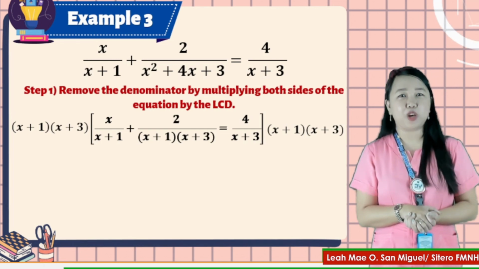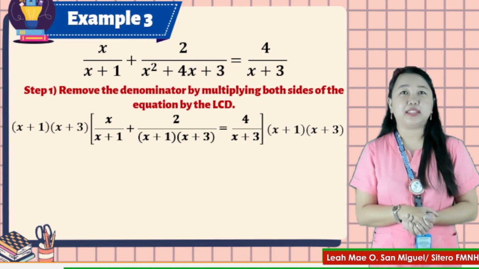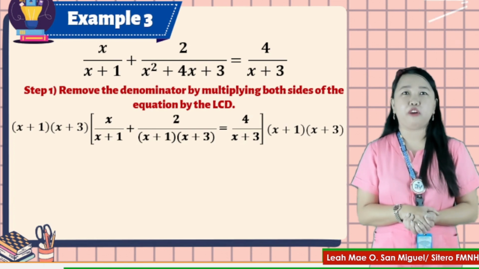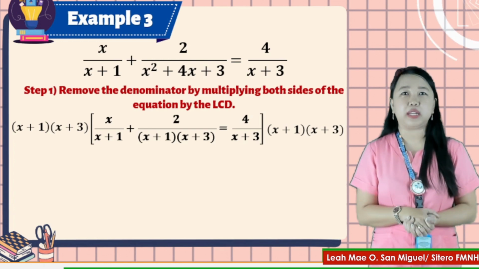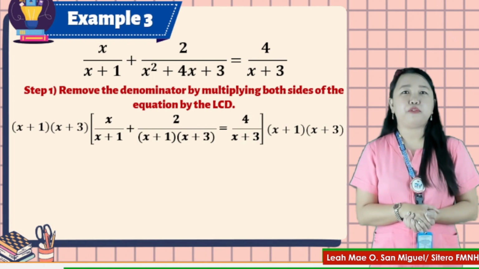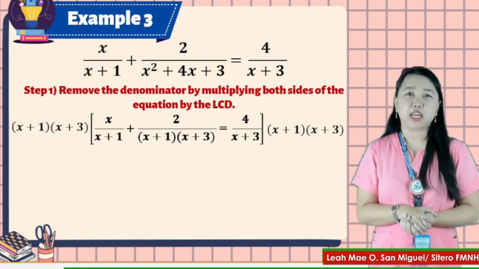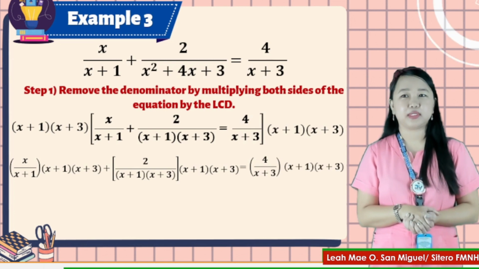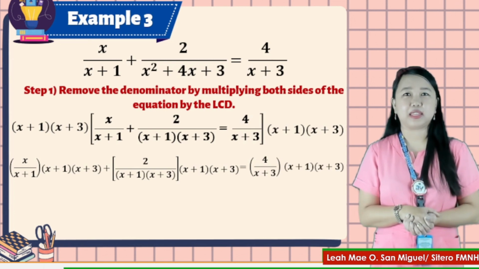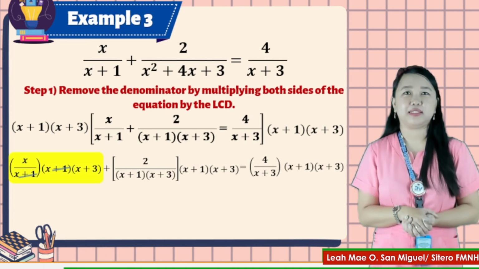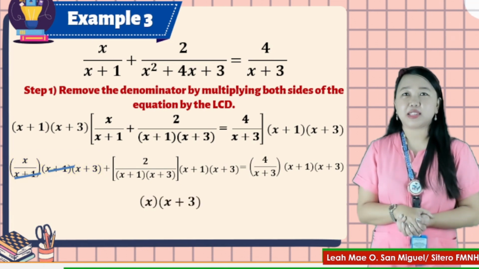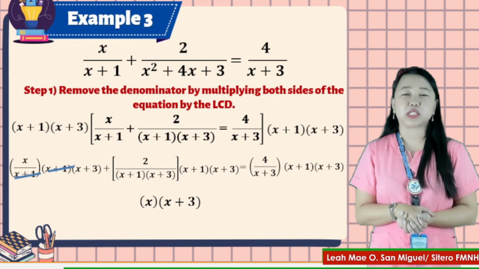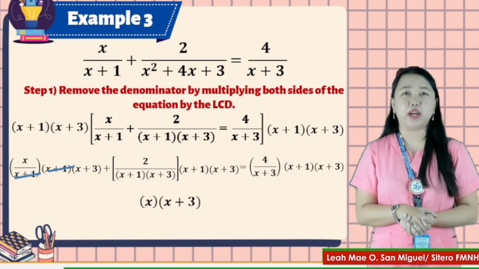If x is not equal to -1 and -3, we could multiply both sides by the product of the binomials x plus 1 and x plus 3. The first term multiplied by the LCD will give us x times x plus 3 because x plus 1 divided by x plus 1 equals 1.